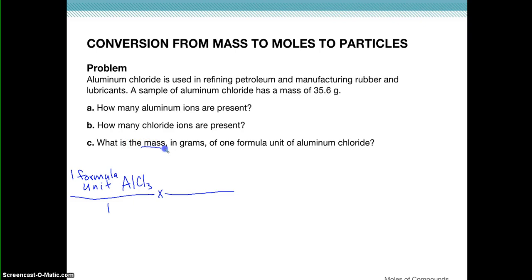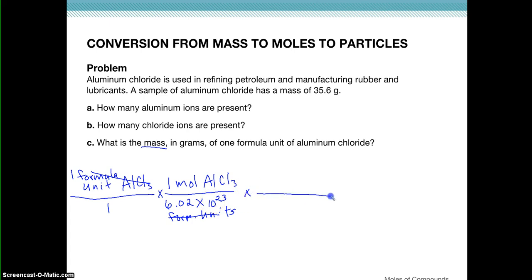We're trying to find the mass of 1 formula unit. To get from formula units to moles, what do we want to use? We want to use Avogadro's number. So in 1 mole of AlCl3, there are 6.02 times 10 to the 23rd formula units of our compound. So the formula units cancel.